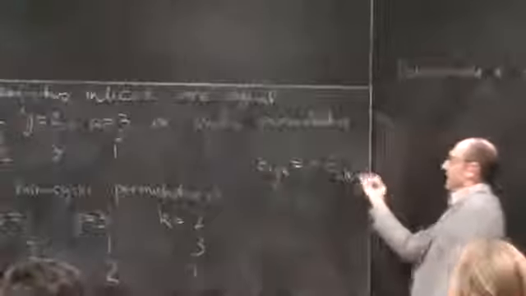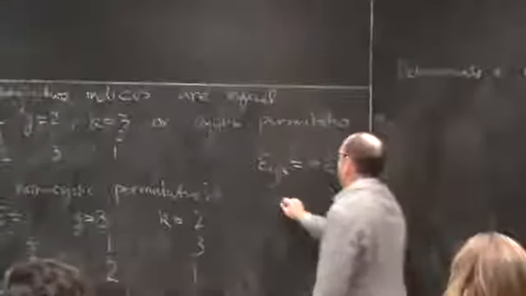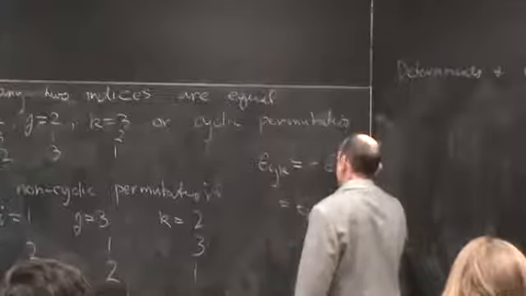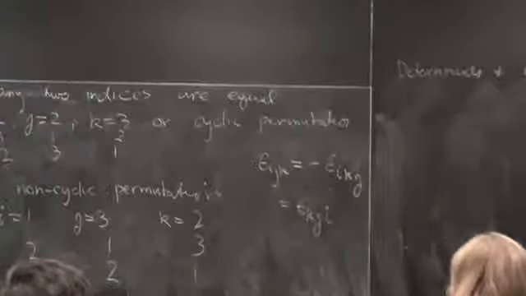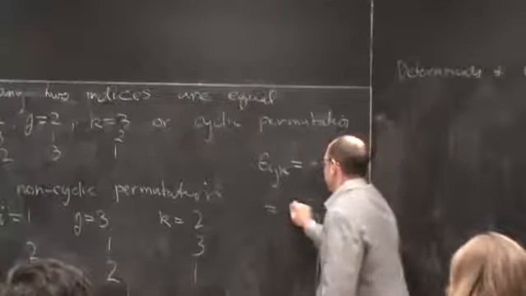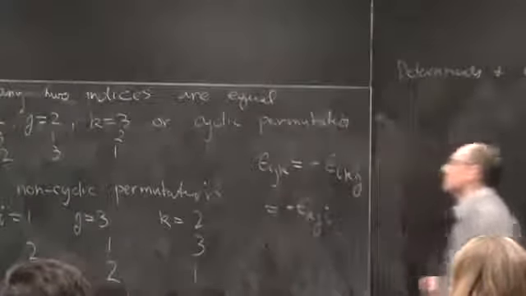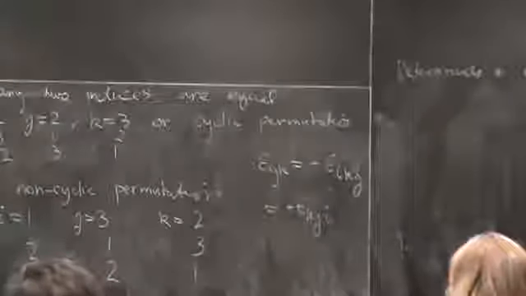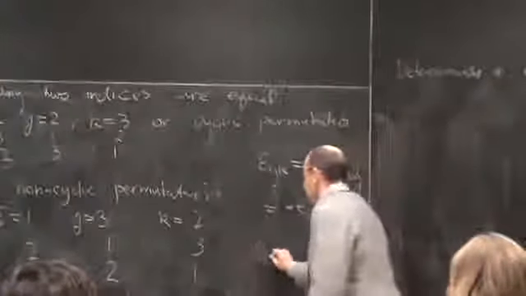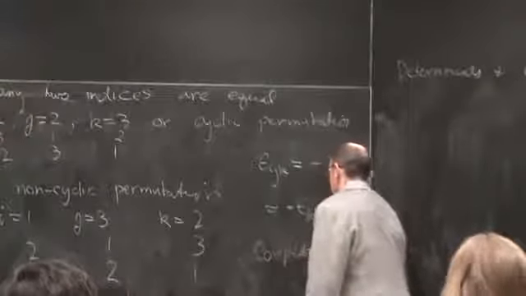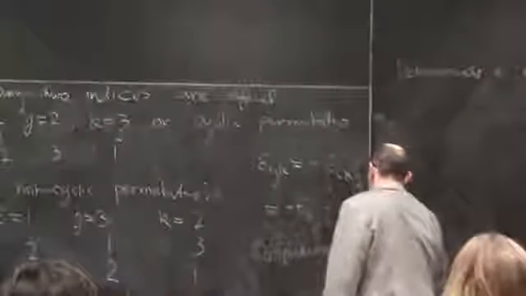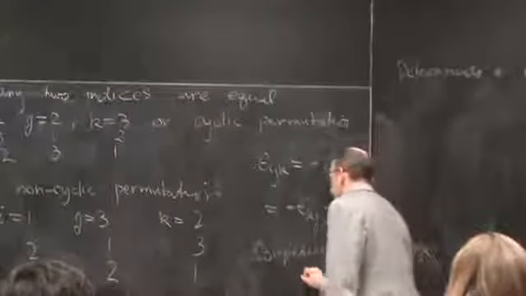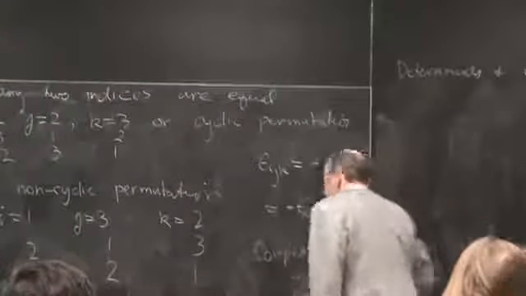If I flip any two indices, I get a minus, because of this non-cyclic permutation. So it's sometimes called the completely antisymmetric tensor. We'll get to tensors in a minute.